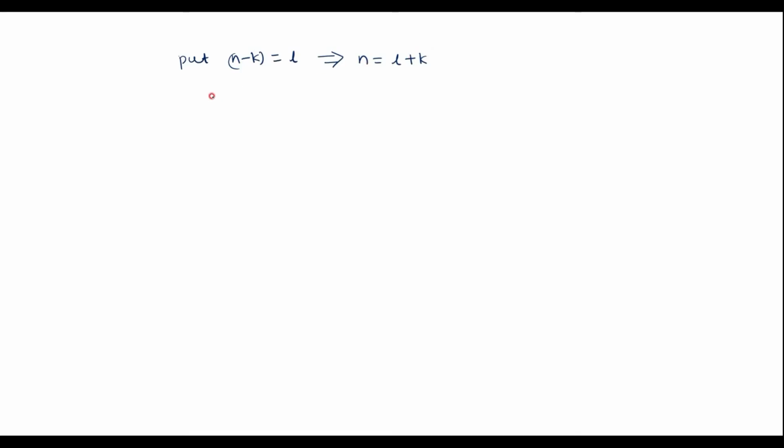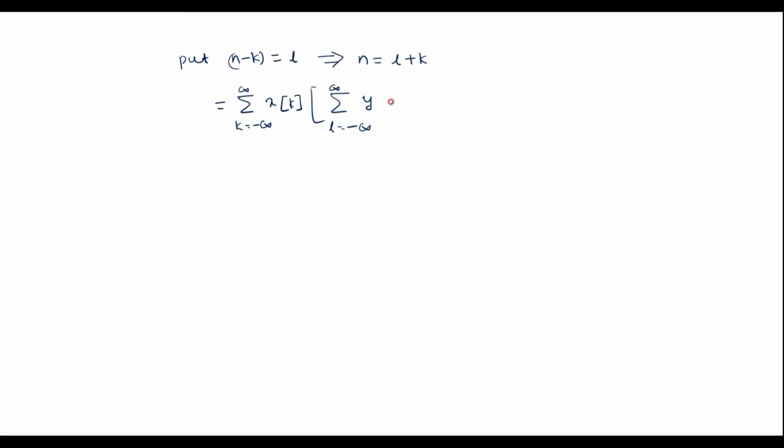Now we'll write the previous equation as summation k varies from minus infinity to infinity x of k. Now we have another summation, where the variable n is replaced by L, that is L varies from minus infinity to infinity y of n minus k.